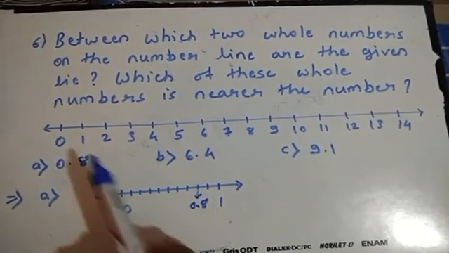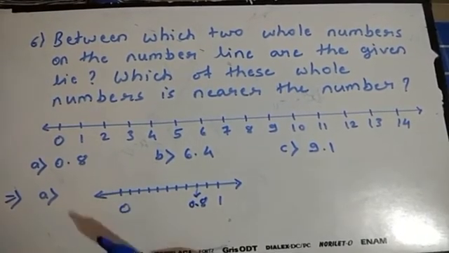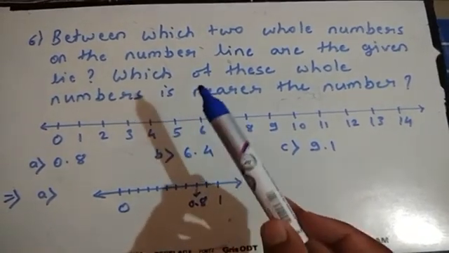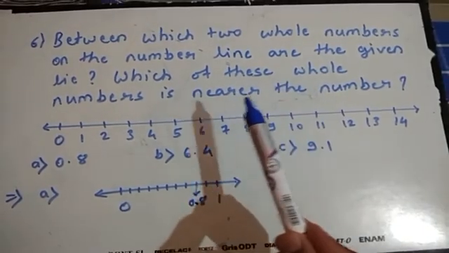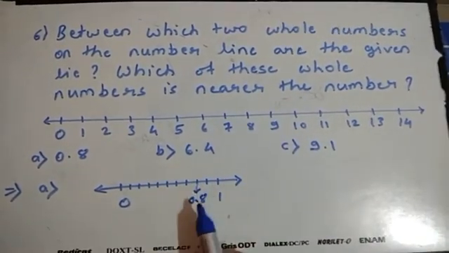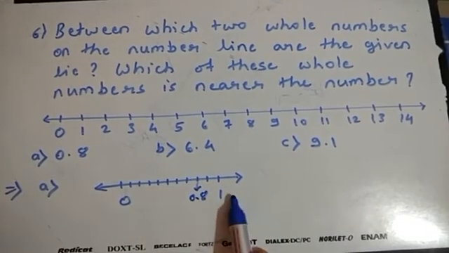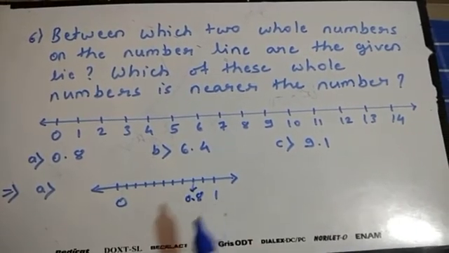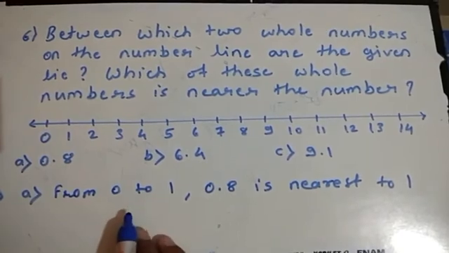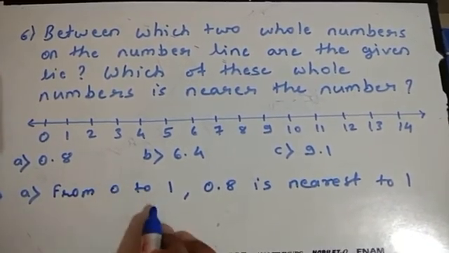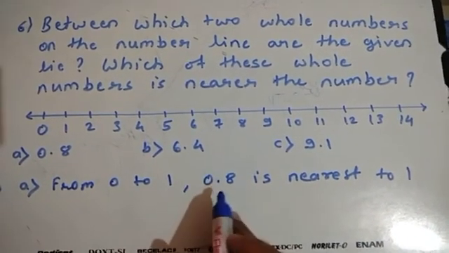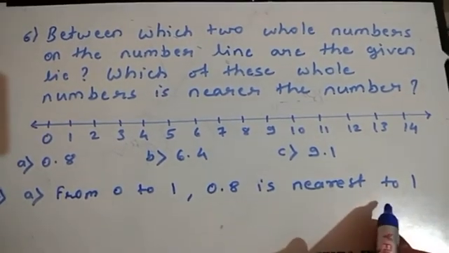Now which of these whole numbers is nearer the number? Nearer to this 0.8, which whole number do we have here? 0 or 1? 1 we have. Yes or no? Therefore 0.8 lies between 0 to 1, and 0.8 is nearest to 1.